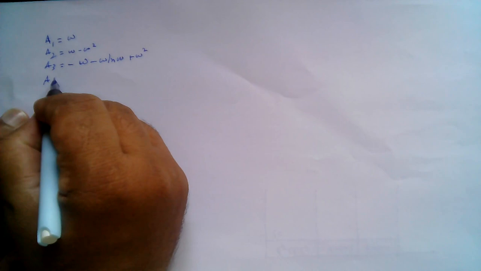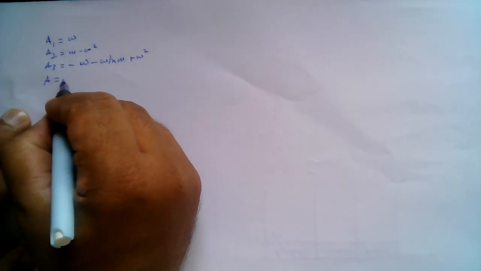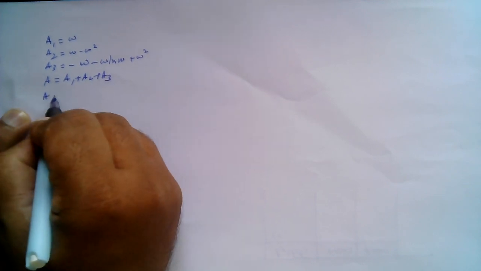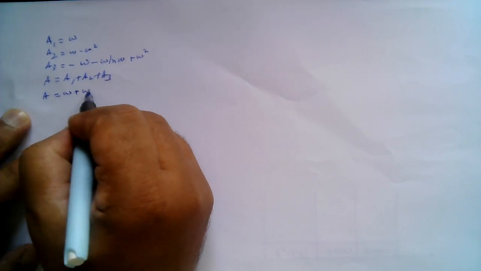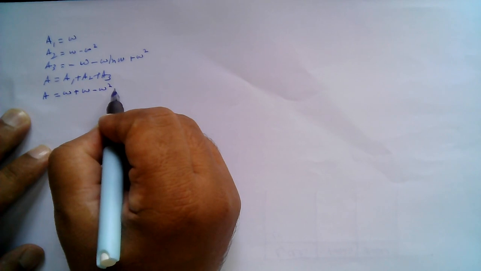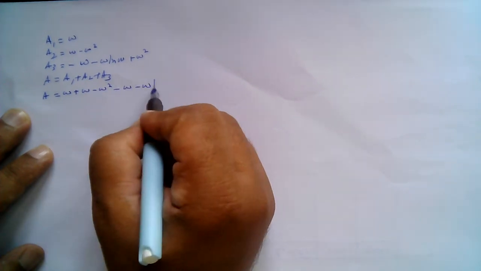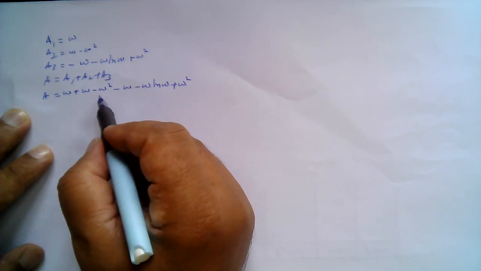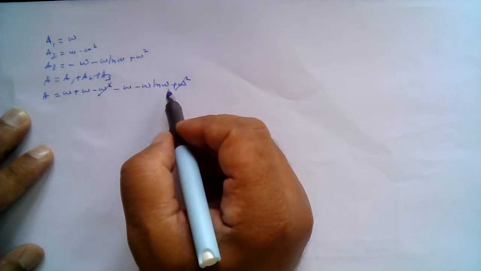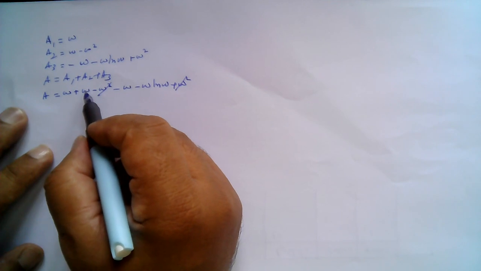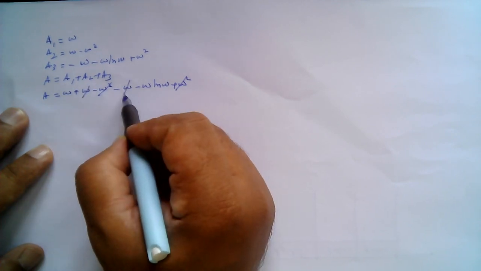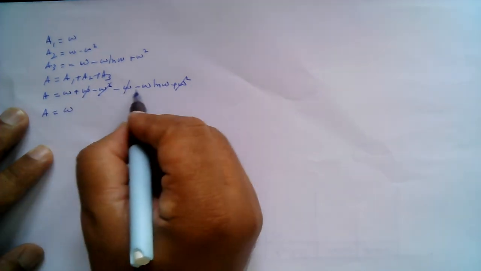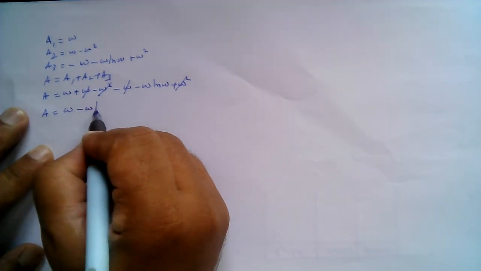So the area that we are interested in is given by A1 plus A2 plus A3. So A is equal to w plus w minus w square minus w natural log of w plus w squared. Right, so this w squared and this w squared cancel out, and this w and this minus w cancel out, and we are left with w minus w natural log of w.